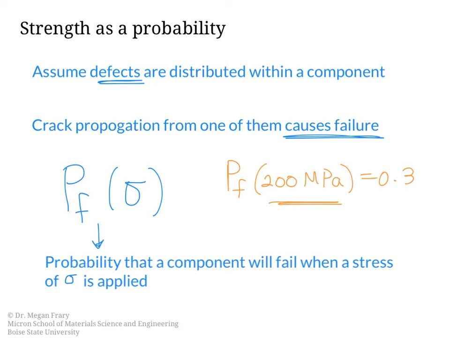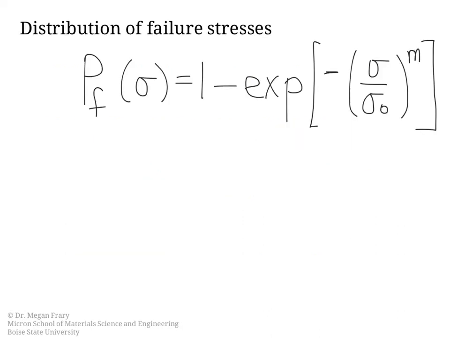So let's look then at the mathematical distribution or expression which gives us this probability of failure. So here's the equation which tells us the probability of failure as a function of sigma. Let's just define the variables first.